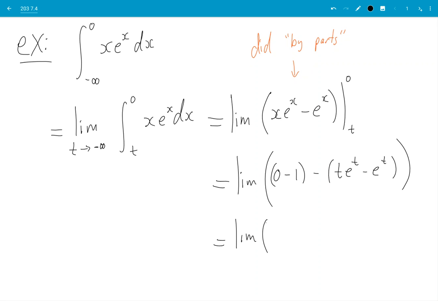Clean this up. What do we get? e to the t minus t e to the t, and then minus 1 on the end.